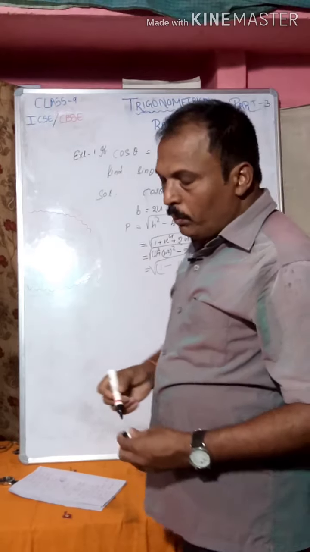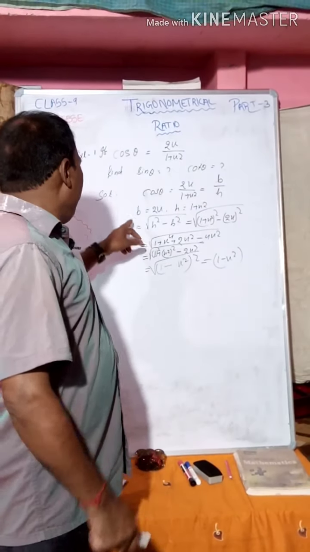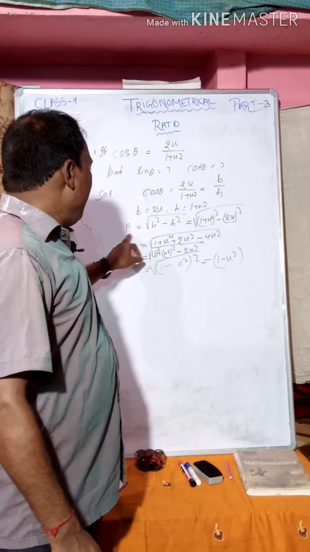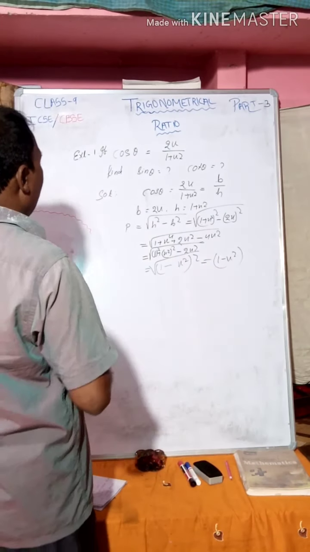So this is the value of p, and b, h and p value is given. So we can find out the sin theta.